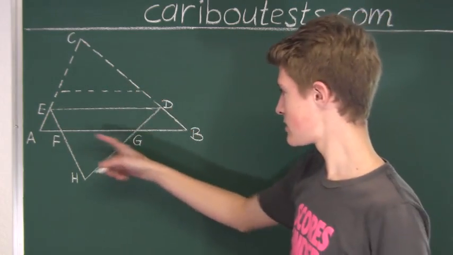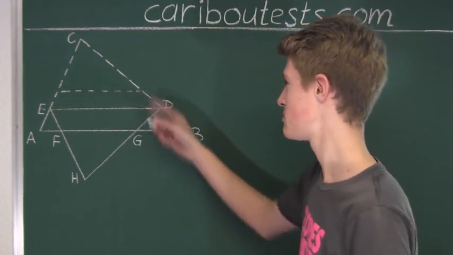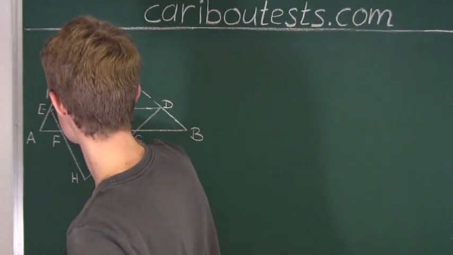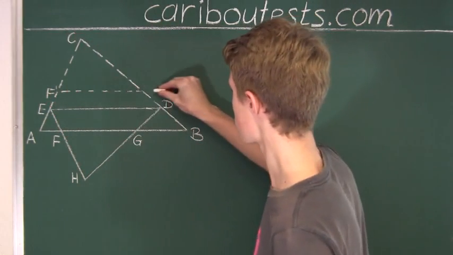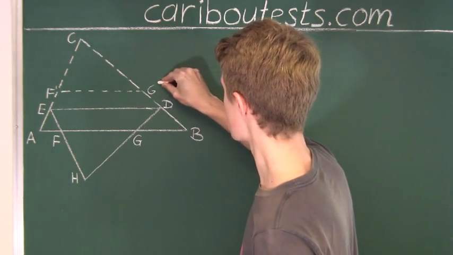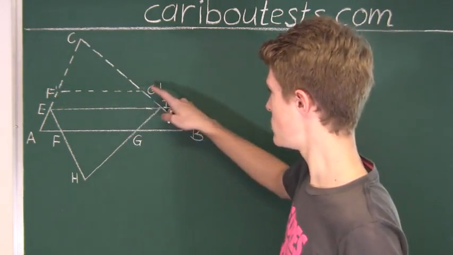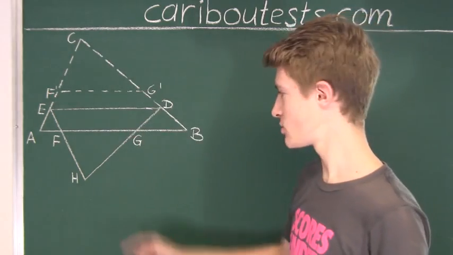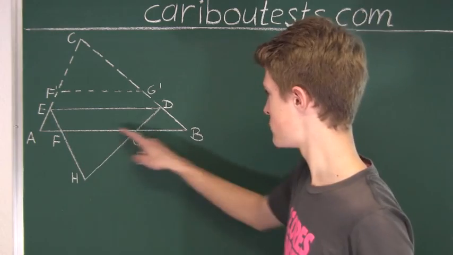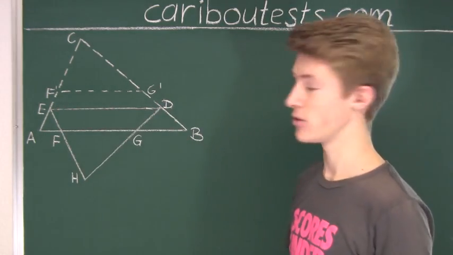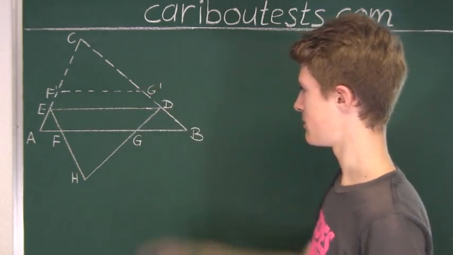Since F and G were mirrored, we will call these points F prime and G prime. So the triangle C, F prime, G prime is congruent to the triangle FHG, and the trapezoid EFGD is congruent to the trapezoid F prime, E, D, and G prime.